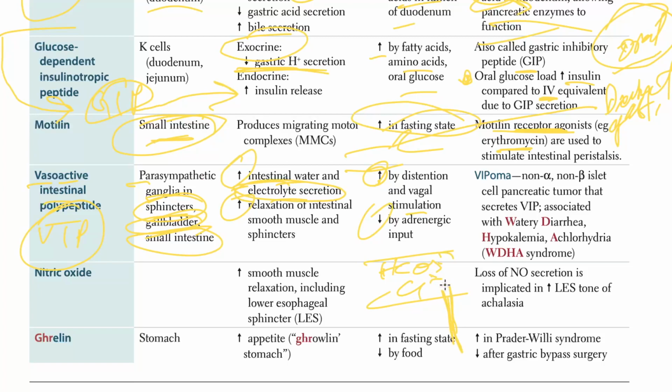This draws water into the lumen, hence watery diarrhea, but it's the secretory type. When you draw all of this and it causes watery diarrhea, everything goes out, and this is bicarb. This neutralizes your acid, so you have achlorhydria.